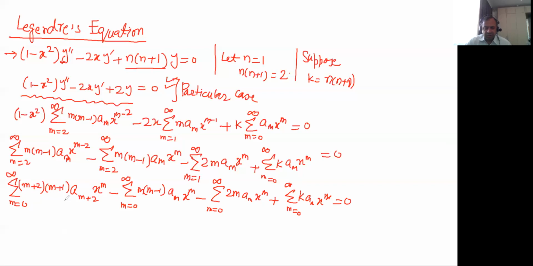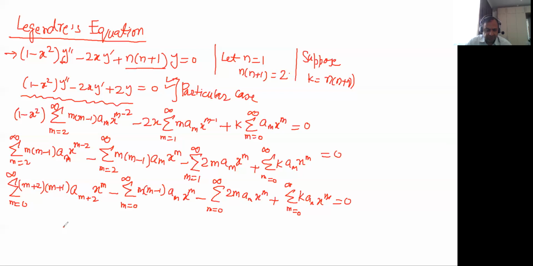Okay, so now the time is almost complete, so now all the terms can be added together, and then in the factorization we need to put back k, the value of k is equal to n into n plus 1 as well. After doing this, we can get the recursive relationship as follows.